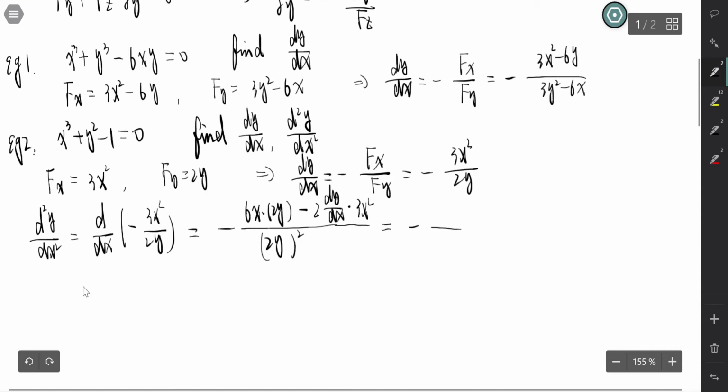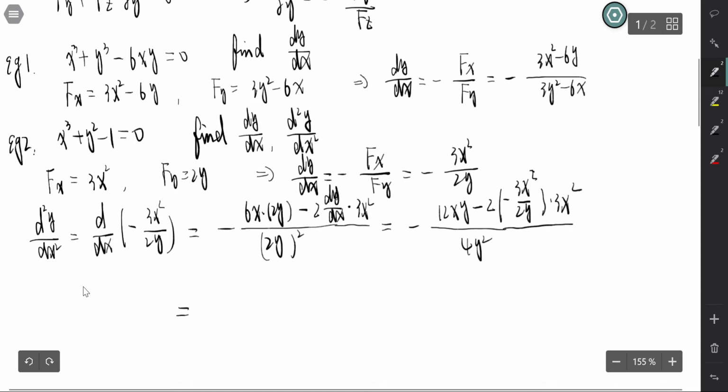That is negative over 4y squared, times 12xy minus 2 dy over dx times 3x squared. We got dy over dx before, so we substitute it: minus 2 times negative 3x squared over 2y, and then times 3x squared.